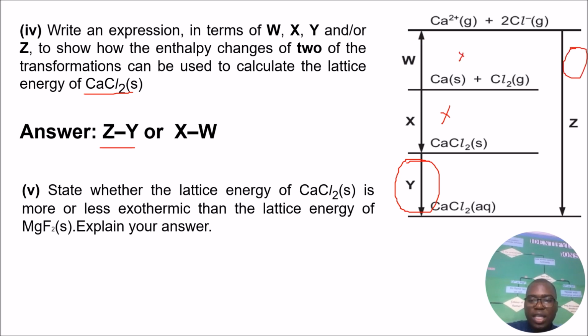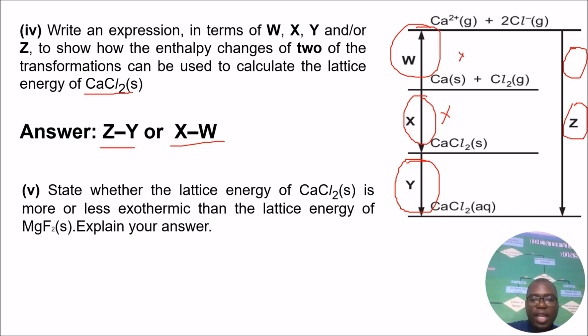So you can easily subtract the Y here. If you remove the Y, everything that remains should give you the lattice energy, which is this one. And also X minus W. When you subtract, because this X is facing in the opposite direction, when you remove that X from whatever W represents, you'll be able to find the lattice energy.